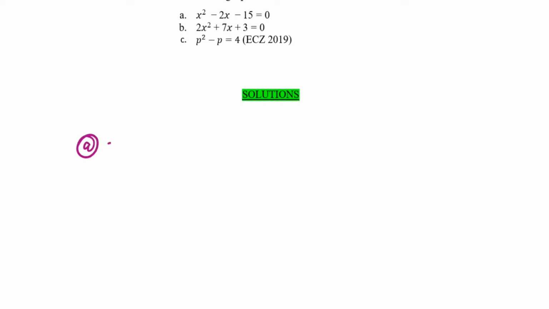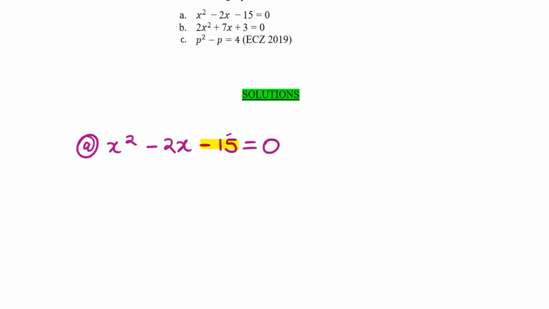We are saying x squared minus 2x minus 15 is equal to 0. So the three questions that I'm going to solve will show us how to go about using the completing the square method. In the first place, if you are given a quadratic equation, make sure that the constant goes to the other side.